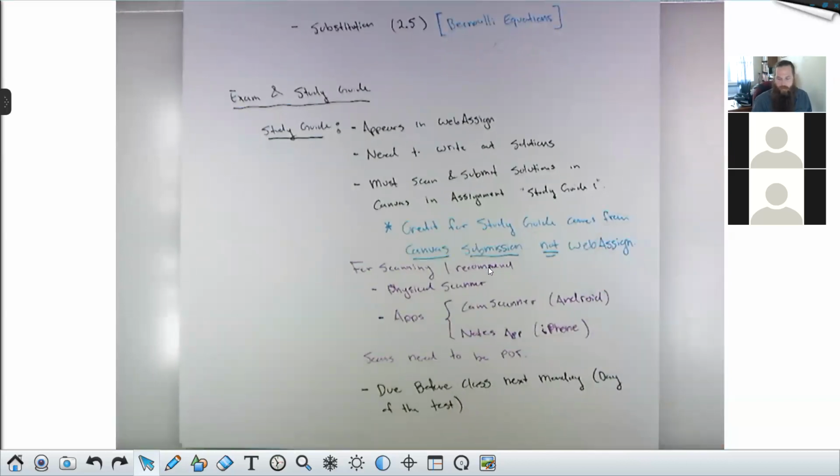I recommend handing it in no later than like Sunday. If you hand it in Sunday morning or Sunday afternoon, that gives me at least Sunday evening to get in there and look at stuff. Of course, if everybody waits till Sunday afternoon to hand it in, then I might not get to everybody's stuff by Monday morning. So I promise I'll do my best. You do your best. The sooner you get it in, the more likely you get good feedback before the test.